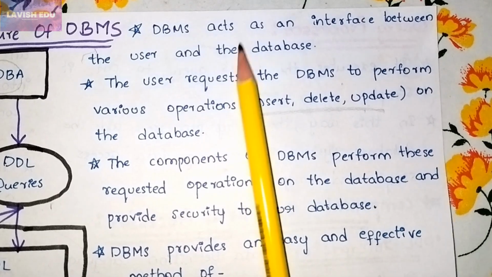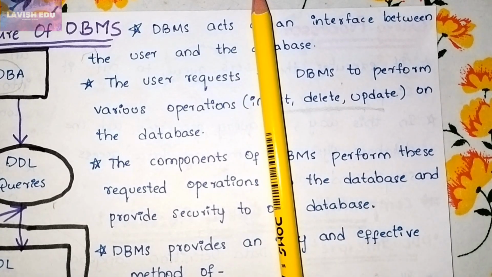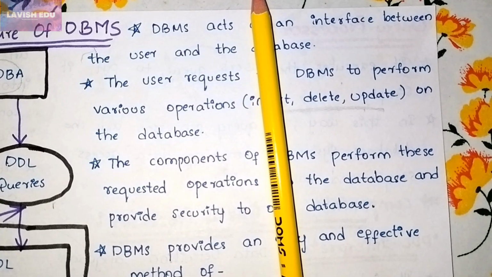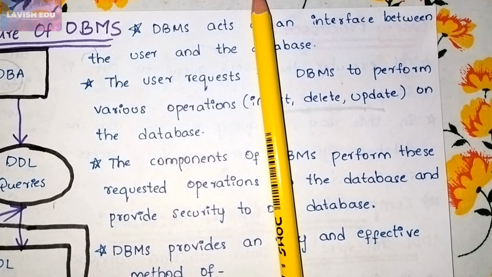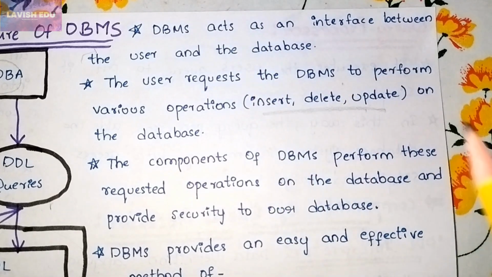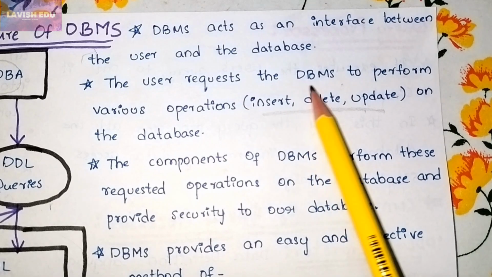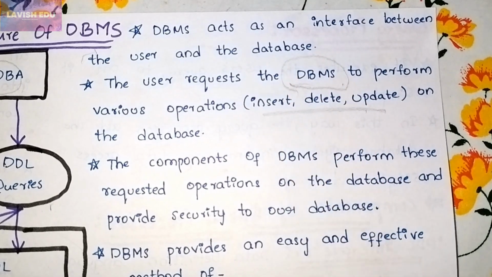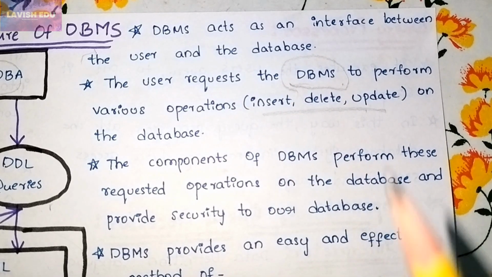DBMS is an interface, as we can see in the view level; it becomes an intermediate level between the data and the user. If we want to insert, delete or do any sort of operations on our data, then we should cross a medium called the database management system.